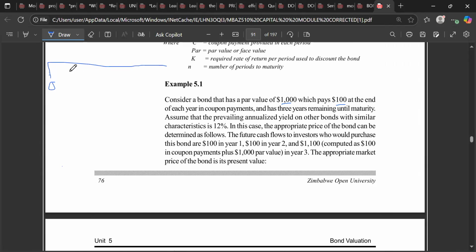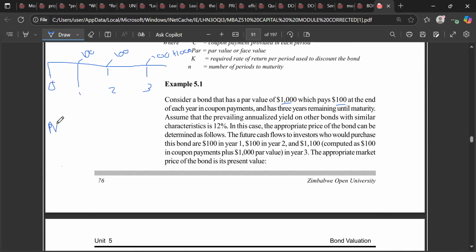This is year 0. In year 1, the coupon payment is 100. In year 2, another 100. In year 3, it's 100 plus the 1,000, because it's maturing in year 3. So now we need to present value each of these figures back to the current date.